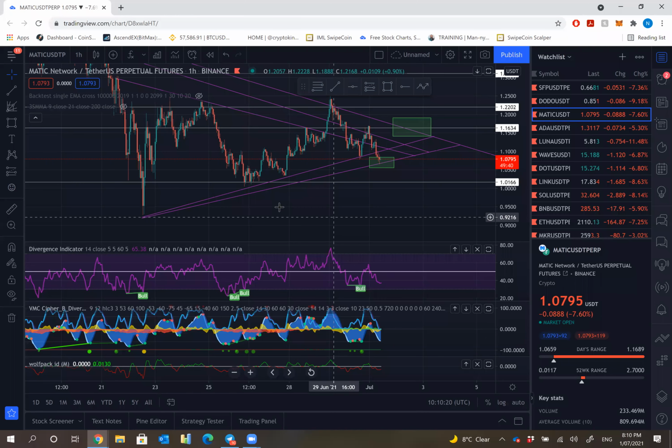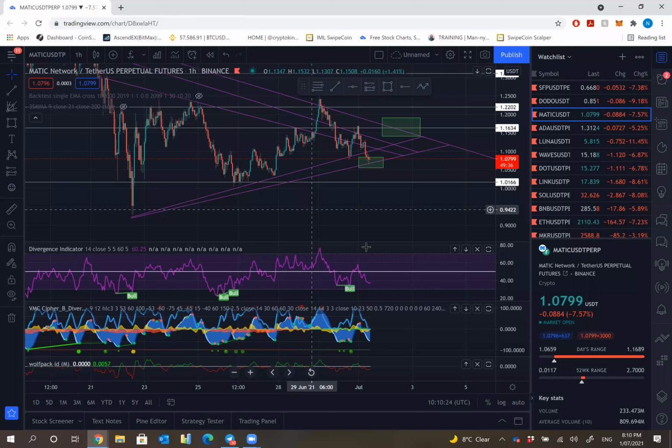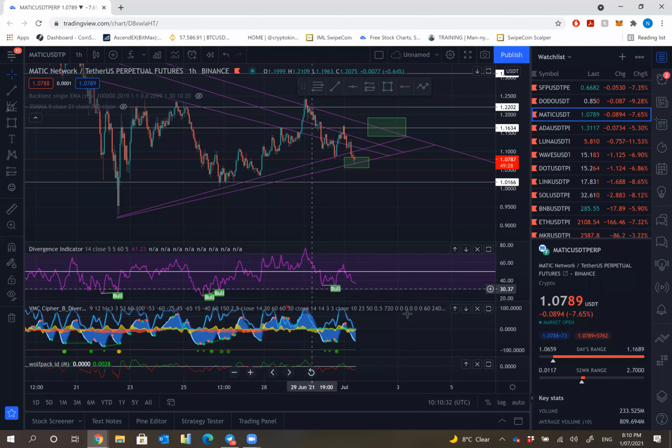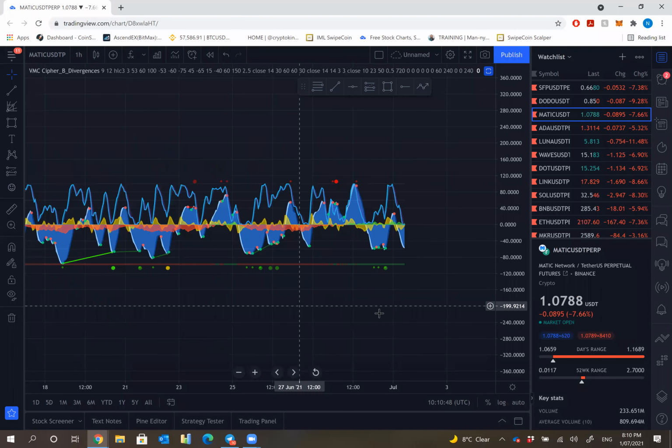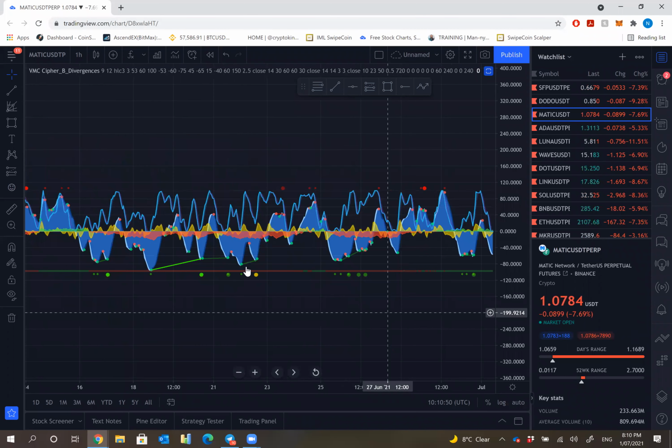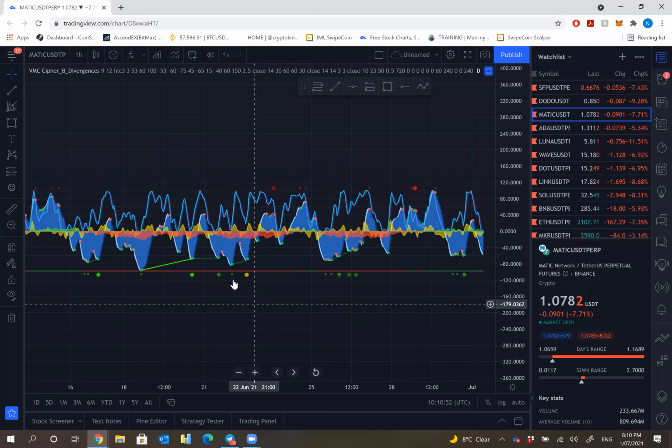Okay, so with Market Cipher B, there are two main things: you've got your anchor waves and your trigger waves. Your anchor wave is a really deep wave with a green dot.